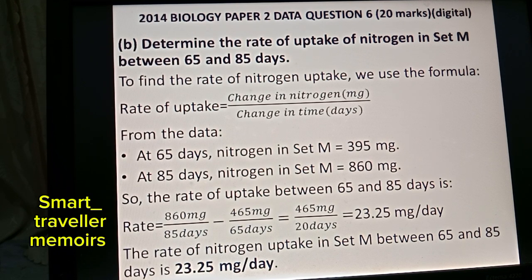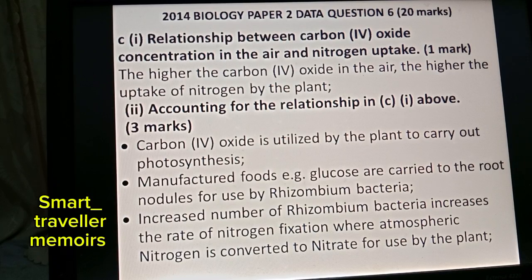So you can compare the examination council answer and the one I generated or researched. Relationship between carbon dioxide concentration in the air and nitrogen uptake: the higher the carbon dioxide in the air, the higher the uptake of nitrogen by the plant.